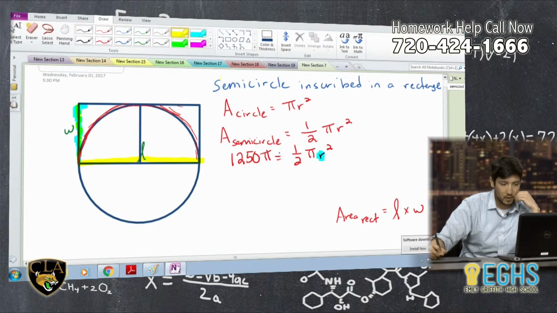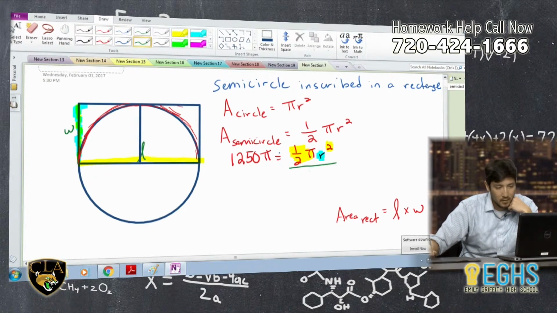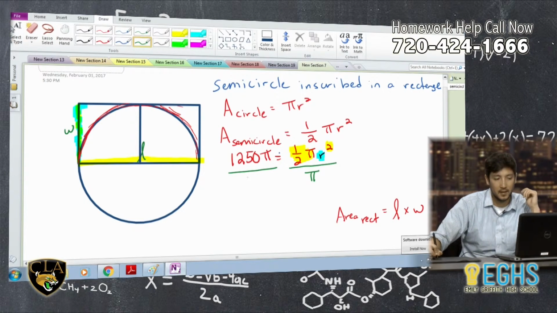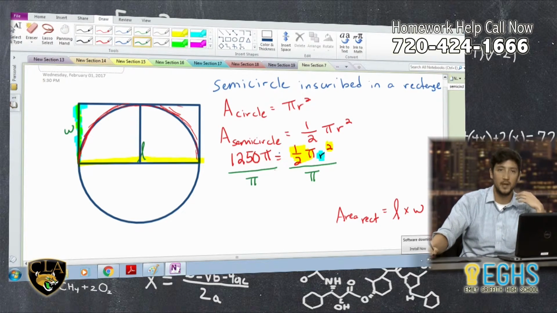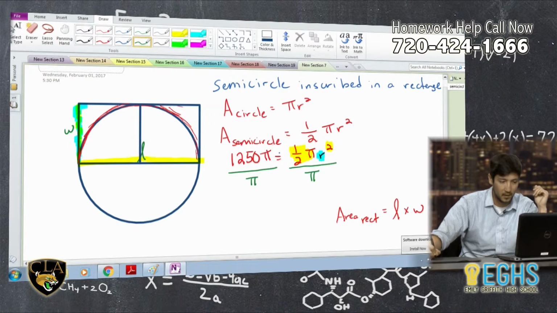So I need to get rid of all this extra stuff here. I need to get rid of the 1/2 pi. I need to get rid of the squared. So what we're going to do is first divide by pi. And this is why I say that I'm actually pretty happy that the area had pi in it, because you're going to see how it works out. It's going to cancel it out, and I get rid of that kind of, I want to call it an ugly number.